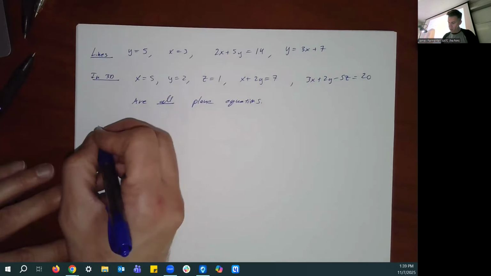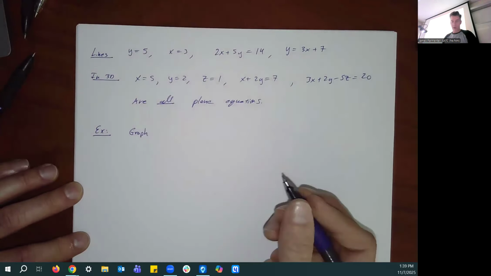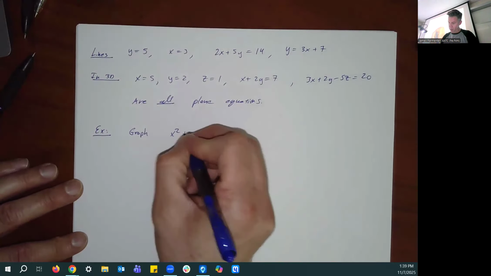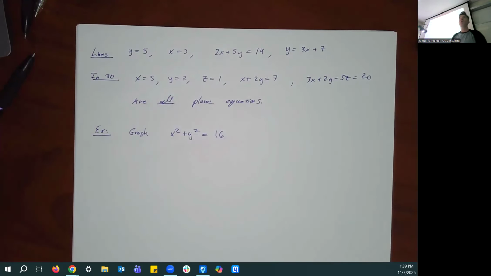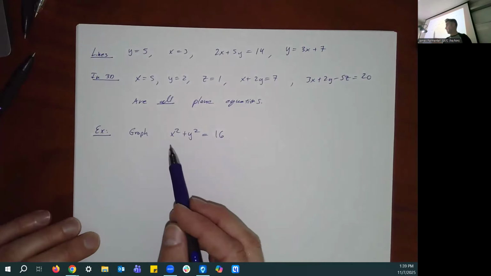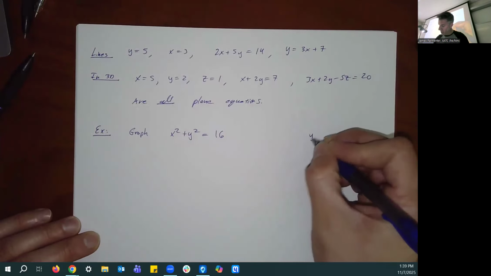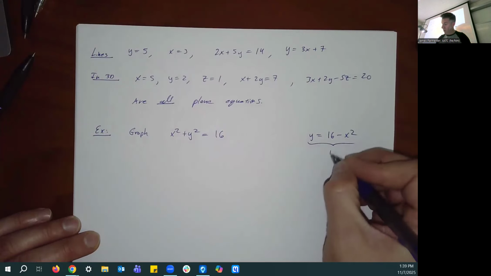So what if I wanted to graph, say, the equation x squared plus y squared equal to 16? Well, in 2 dimensions, what kind of shape would that be? If it was y to the first with an x squared, like y equal to 16 minus x squared, this would be a parabola.